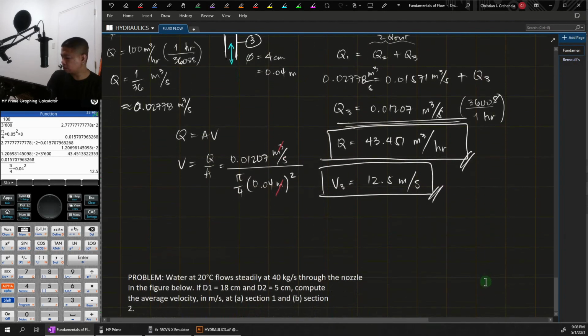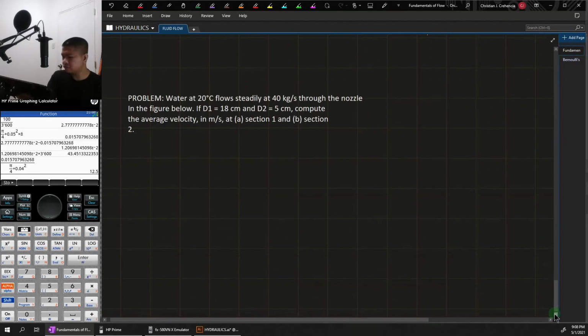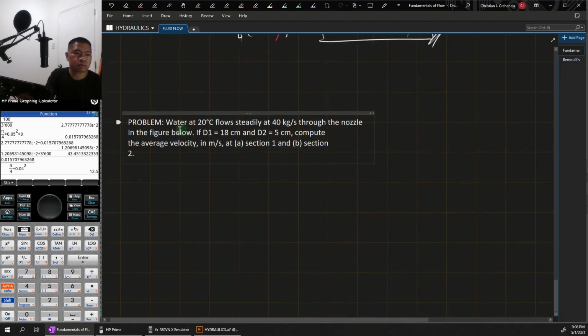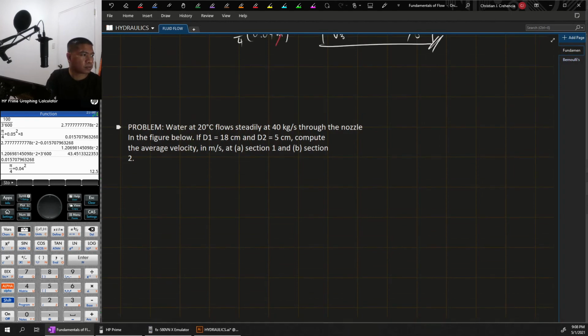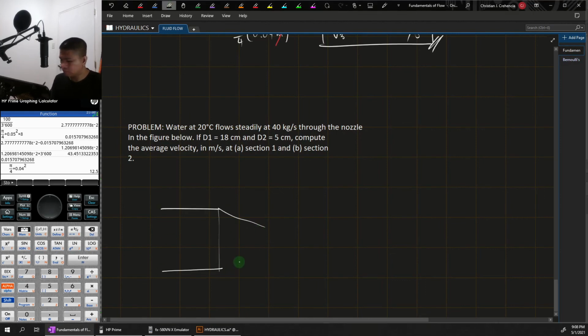So, let's proceed na kagad sa last example natin for this video. So, another water again flows at 20 degrees Celsius. So, flows steadily at 40 kilograms per second through the nozzle in the figure below. So, wala pa pala yung nozzle. So, papayin ko lang. Yan. So, ito yung 1. And this is yung 2.